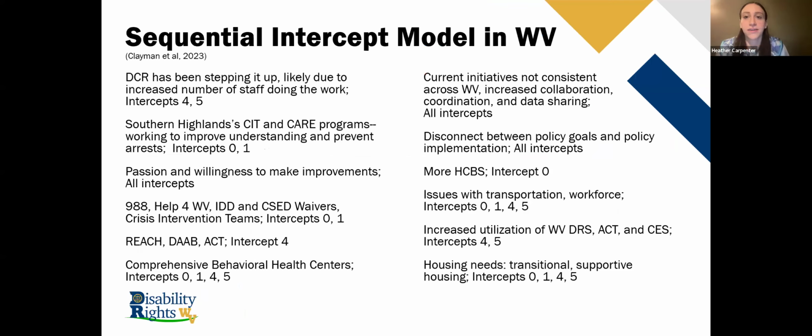So continuing on, looking at the sequential intercept model and in relation to West Virginia. On the left, we have things that have been going really well, and on the right, we have things that we might need to work on a little bit. I will say the first two things here on the left are not specifically to do with the sequential intercept model, but the rest of them are.